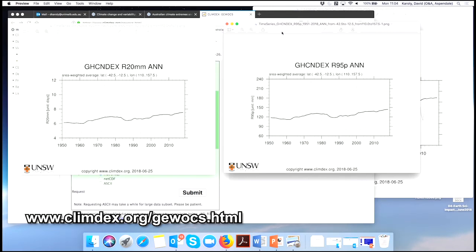Yes, but the extremes indices that the Bureau provides are not for all Australian stations, but only for high quality stations over Australia. So the GHCN indices for Australia are calculated for all long-term quality controlled data sets, whereas the Bureau's ones use only what they consider their high quality ones.